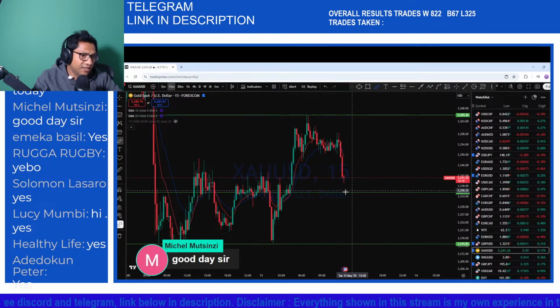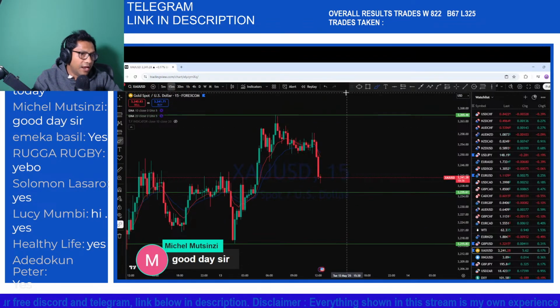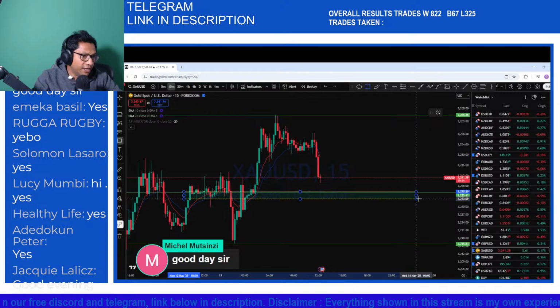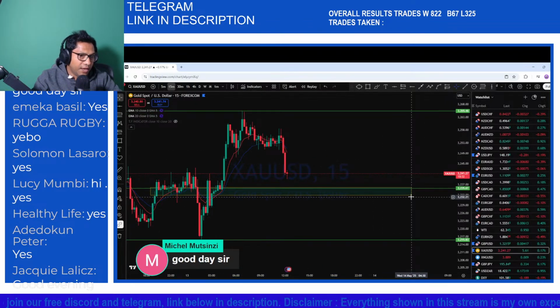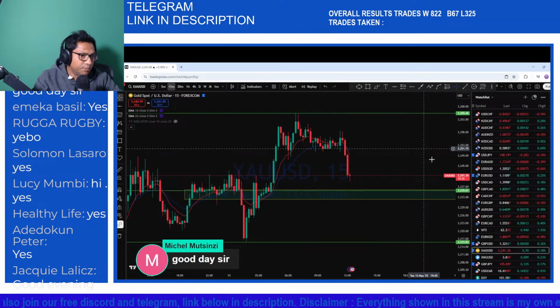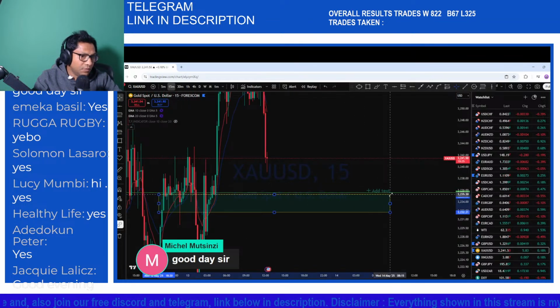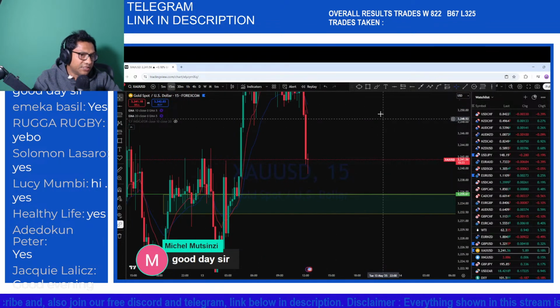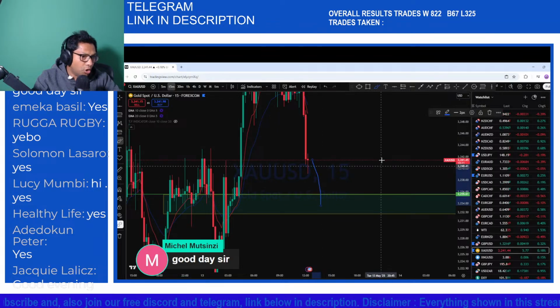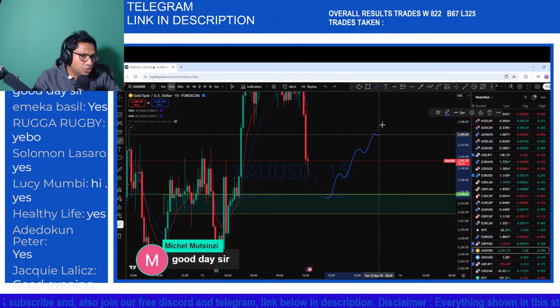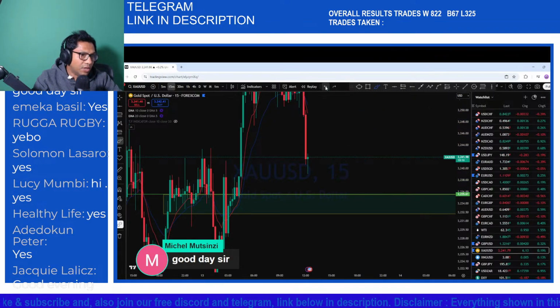This is a daily support, and this is where I'm looking for the market to come up and then retest, as this is an important daily support. From the daily support in that area, I'm expecting the price to potentially drop and then revert back again to the upside.